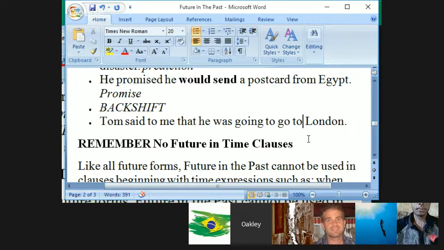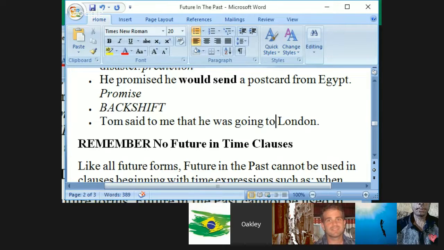The very slight difference is that with this construction, I don't really know when it is. I know it's a solid plan. Maybe it's next year. The way you constructed it, with just going to London, I would assume this is in the fairly near future, in the next couple weeks.